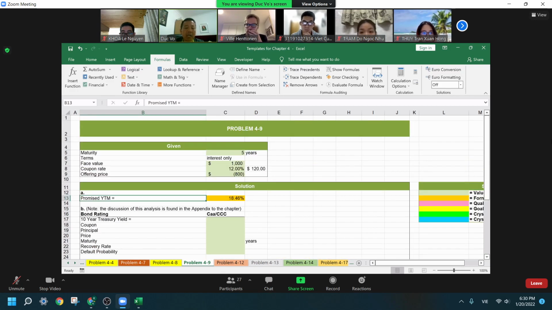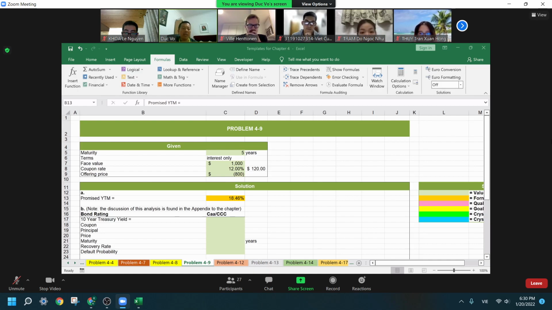The information provided to you is that the 10-year treasury bond provides you 5%, coupon 12%, principal 1,000, and the price is 800 for 5 years.